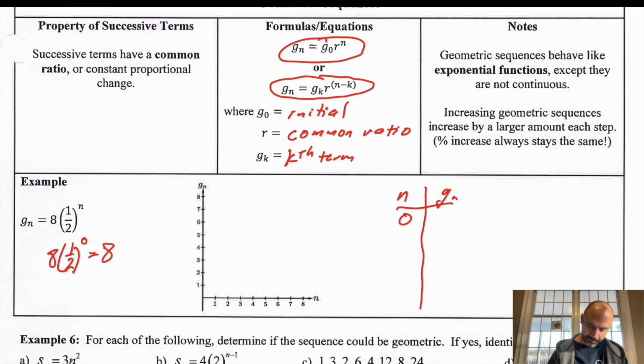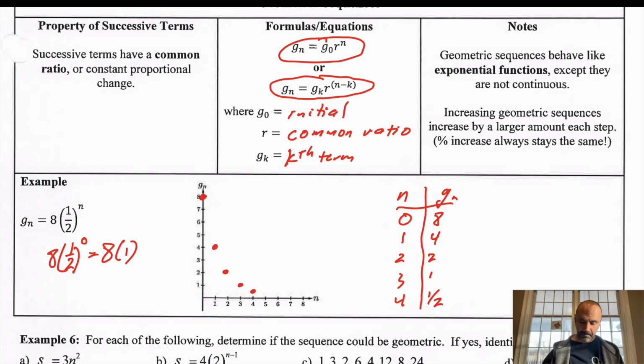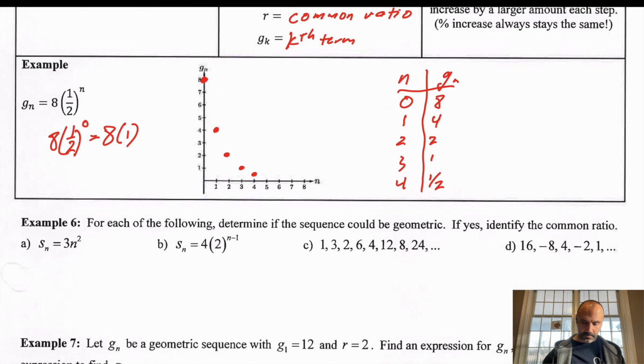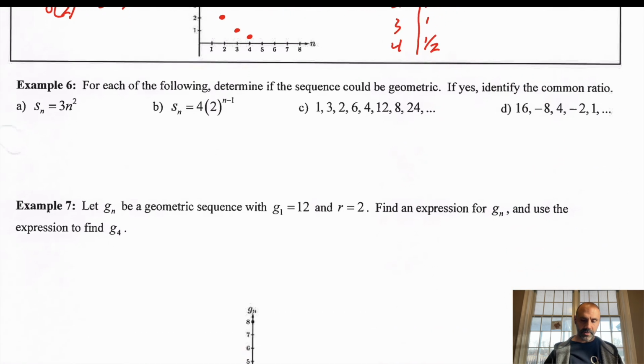So the initial term here is 8. Those are the values that we get, and now let's see what this looks like when we graph it. That's what this exponential function looks like.